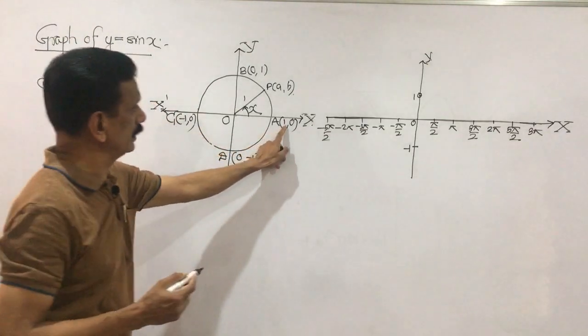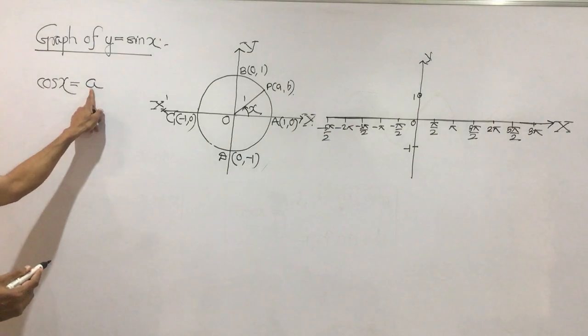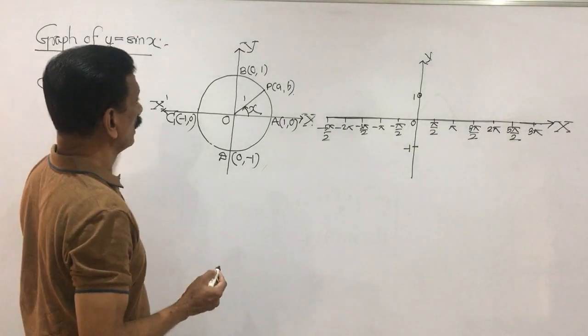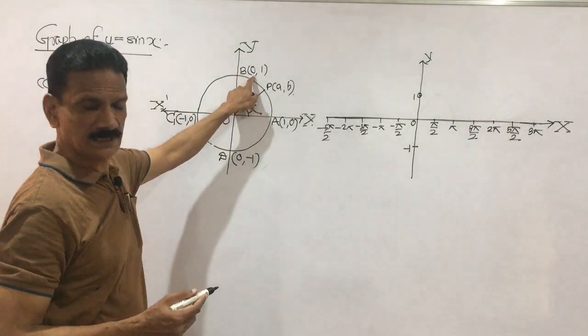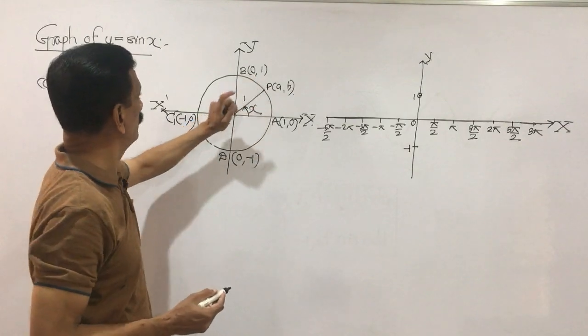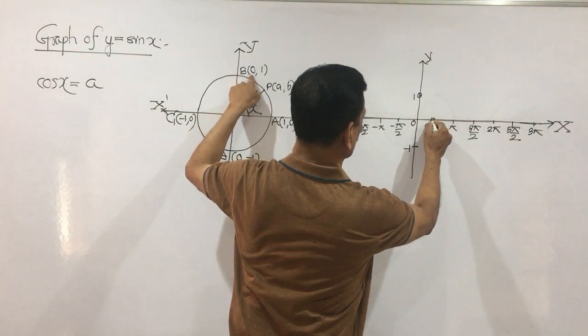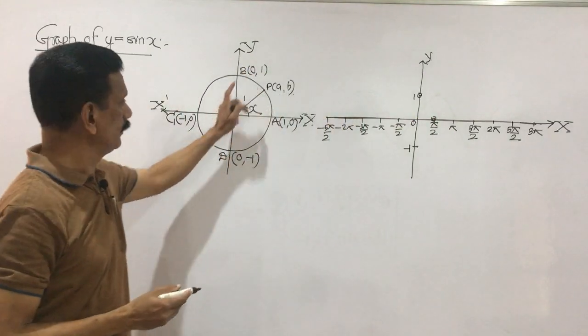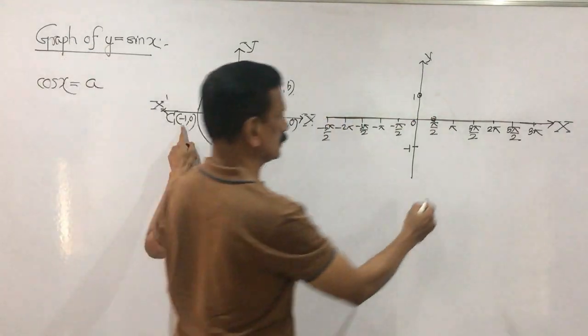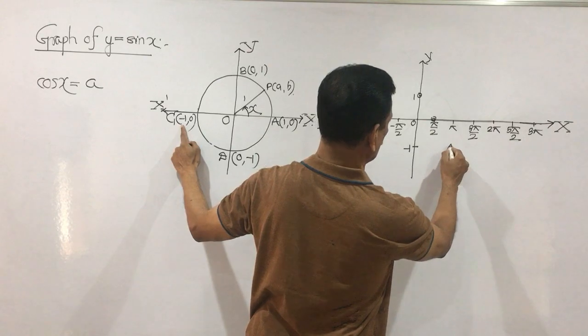And next when we come here, means it is pi by 2, you are getting a as 0, means you get the point here. And when pi, you are getting minus 1, so I show it here at minus 1.